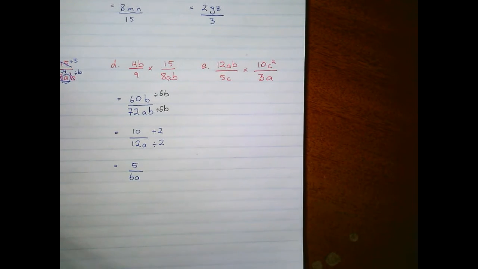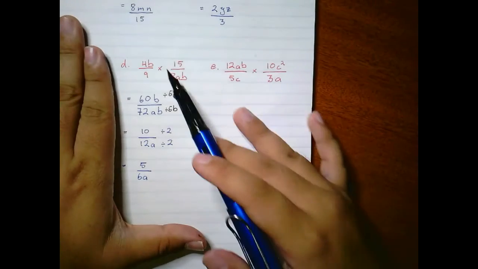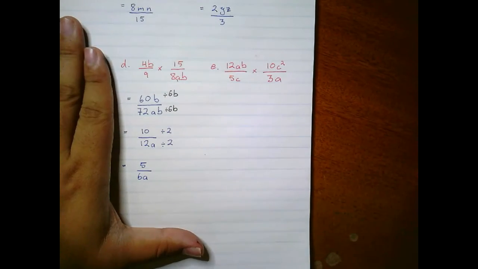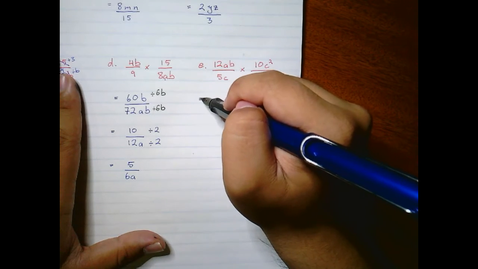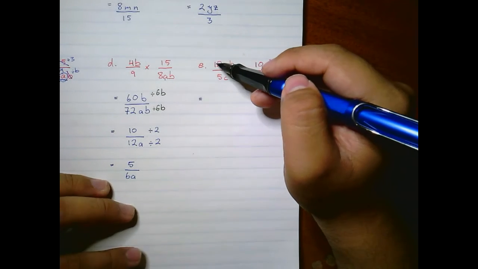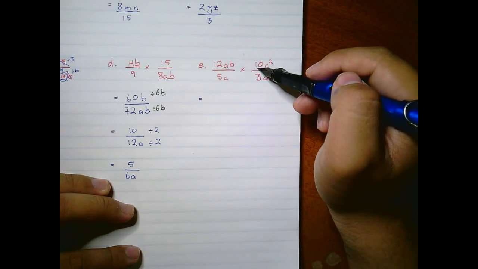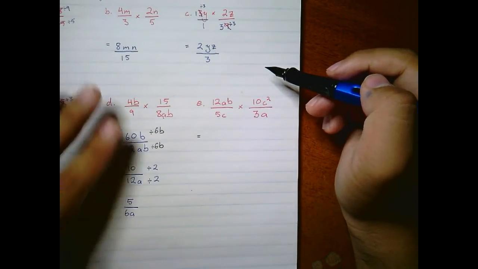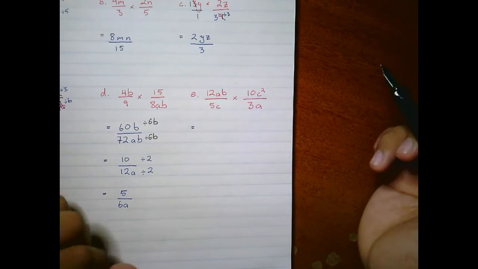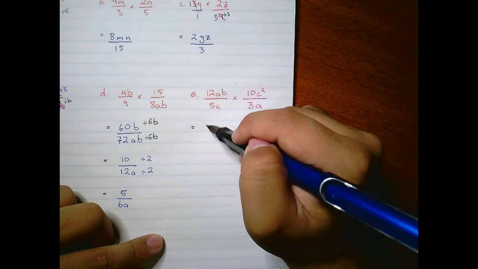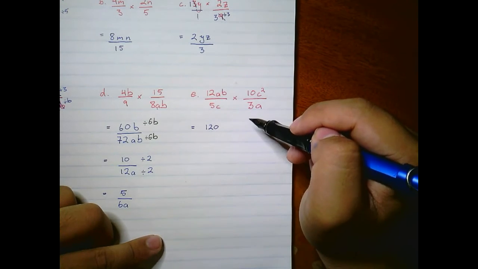For this one, because it's a lot neater, I'm going to multiply first and then divide. Okay, let's multiply first. We'll do the top times top. 12 times 10, well, that is 120.